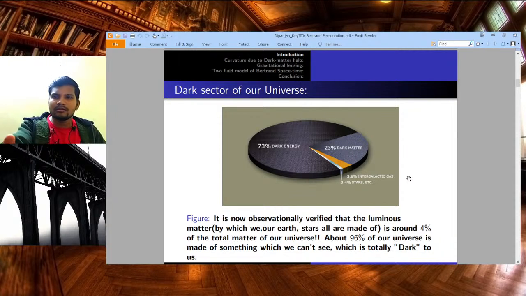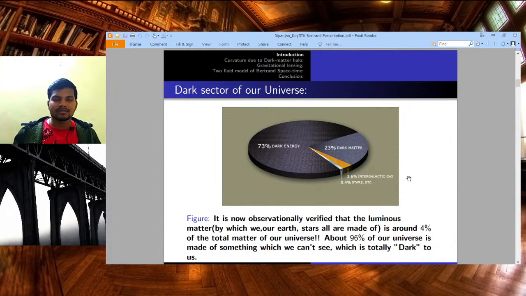But that matter is emitting some light, so we are interacting with those things and we can see them. But the amount of this interactive matter is too small, only 4%. And the 96% of the universe is made up of something completely alien, completely foreign.